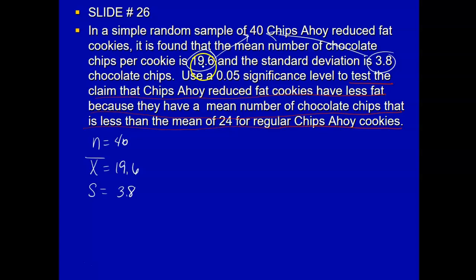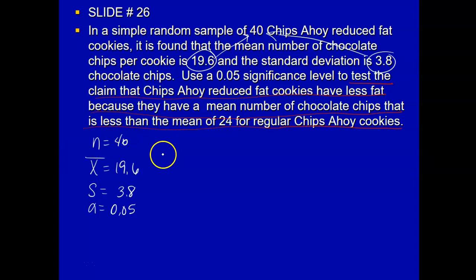So we've got an alpha of 0.05, and we want to test the claim that the Chips Ahoy reduced fat cookies have less fat than the mean of 24 for regular Chips Ahoy cookies. So I'm not so much comparing two different samples as I am comparing to the value of 24.